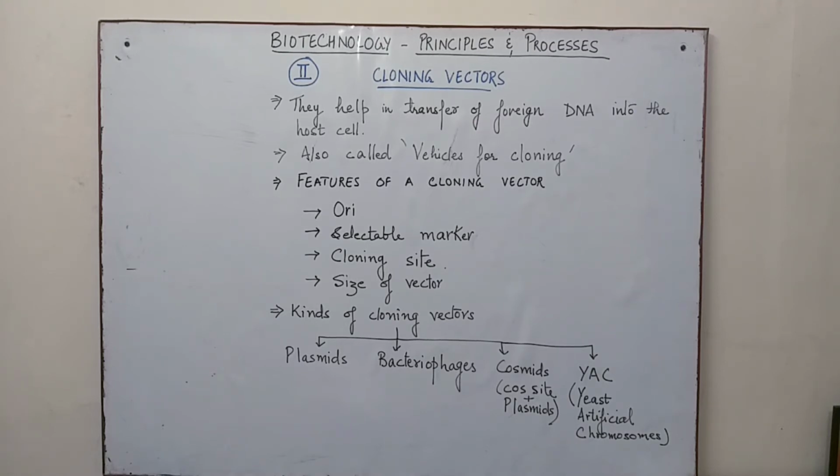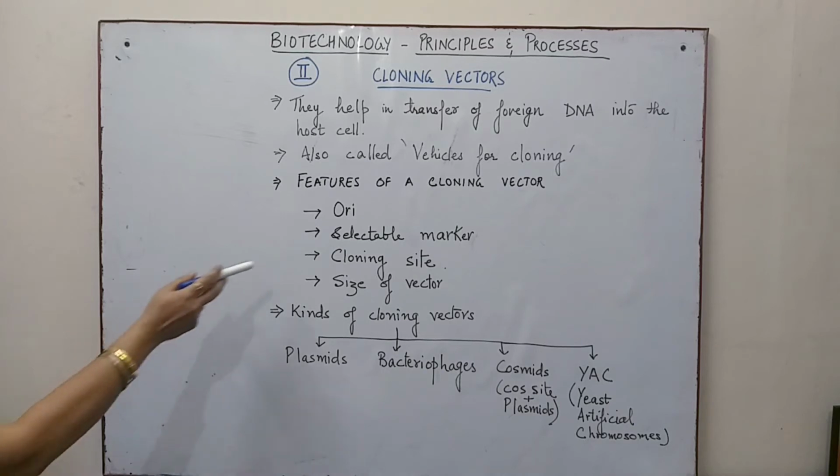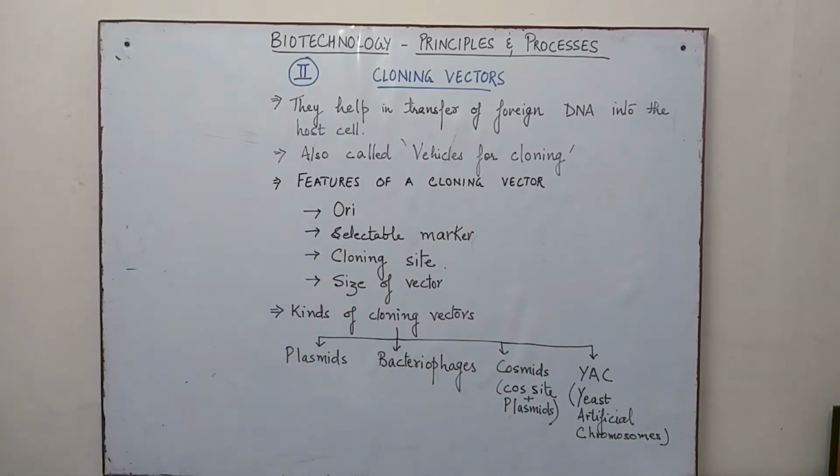The second important feature is that it should have a selectable marker. What is meant by selectable marker? A marker is a gene that identifies the selection of transformants and removal of non-transformants.